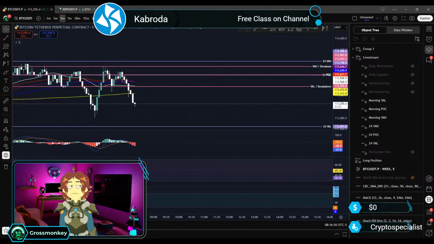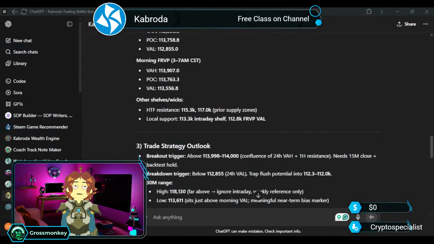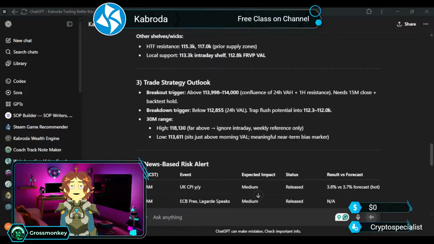We got some key levels, some support, possible trades. So one of the trades ChatGPT is looking at is a breakout trigger to run 113,998 to 114K, confluence with the 24-hour volume area high and 1 hour resistance.